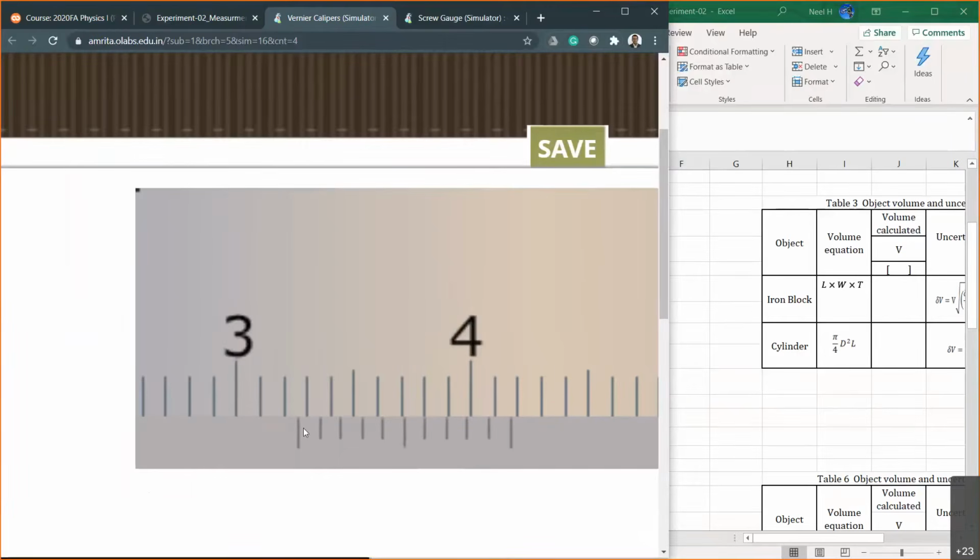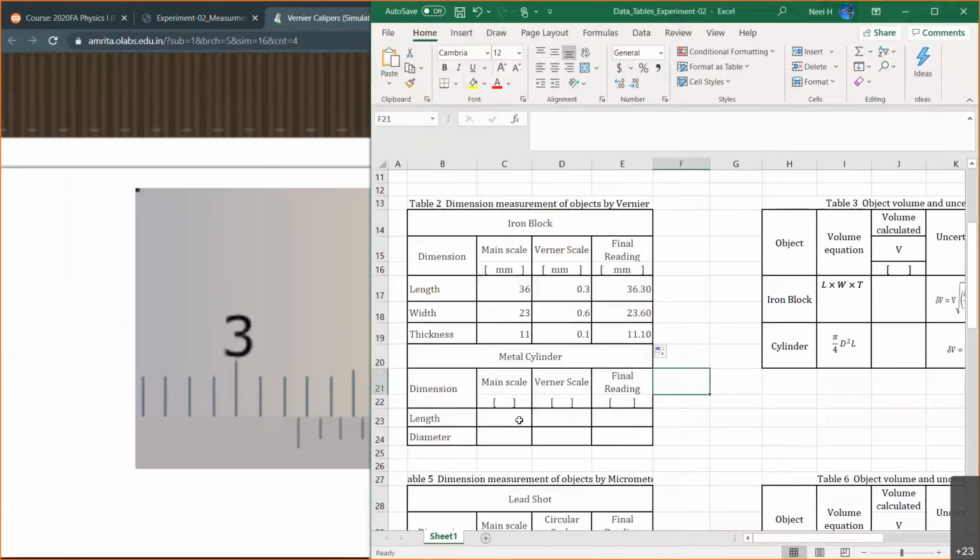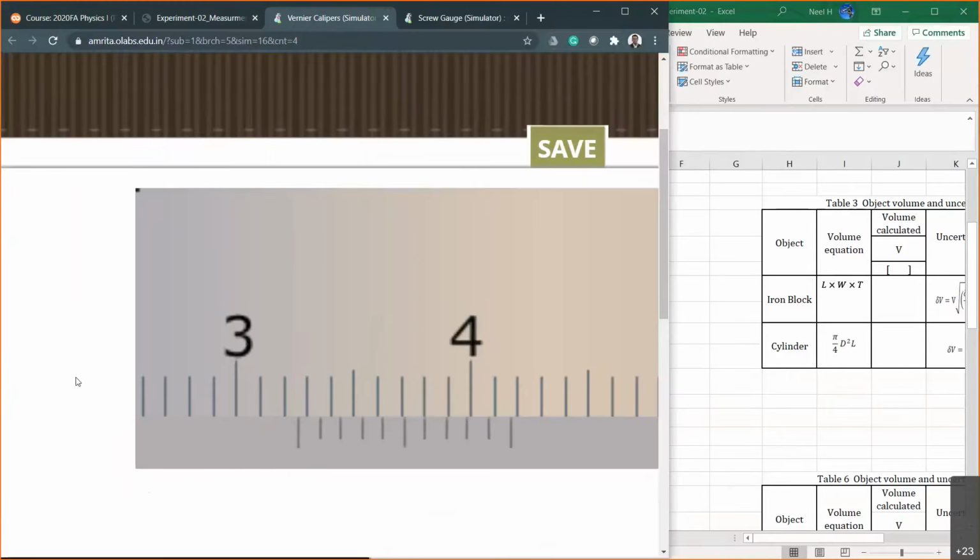To read that, start with the 0 of the gray line and go towards your left, first line right here, line value 30, 31, 32 in millimeters. I'm reading the diameter of the metal cylinder, 32 in millimeters. Let's put the unit also here, millimeters. Now let's read the Vernier scale, starting from the 0 gray line.